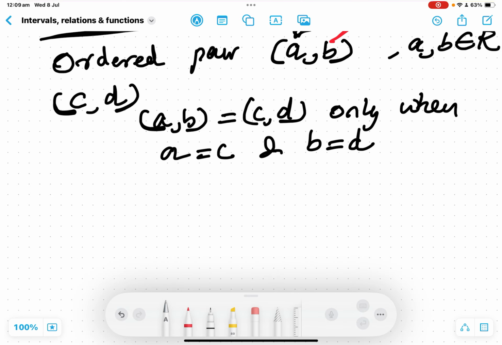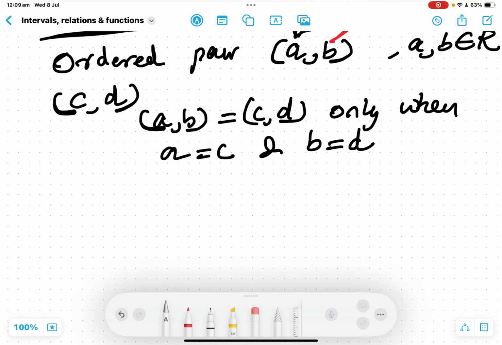A relation is actually a set of ordered pairs. For example, let's say there's a set S, and it has some ordered pairs.